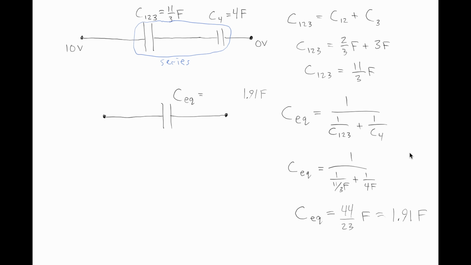Now I'd want to work my way backwards. I want to figure out how much charge is leaving the source and how much charge is going on to this imaginary capacitor. So for that, we'd use the formula Q that's leaving the source will equal CEQ times the delta V total.